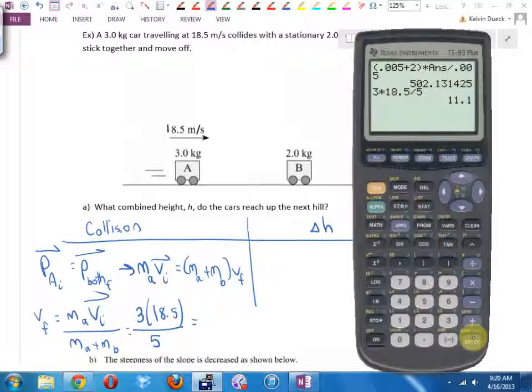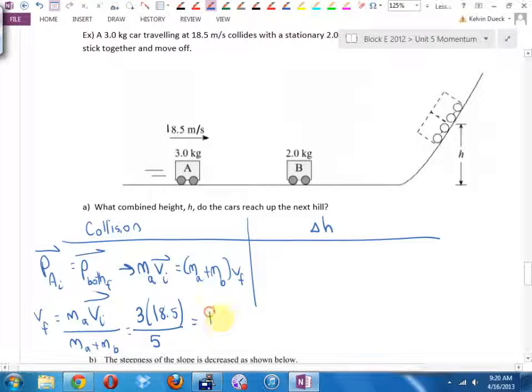Oh, holy smokes, that works out nice. 11.1 meters per second.